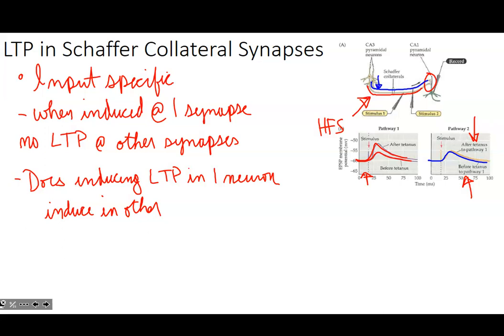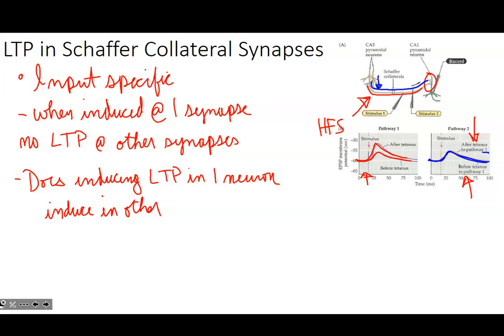The answer is it doesn't. So after the tetanus to pathway 1, that response is still the same. So even though LTP has been induced, and we can measure that in the postsynaptic cell, we cannot measure it in the second pathway, okay?